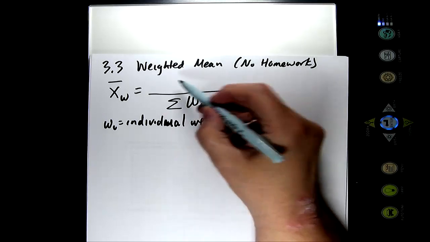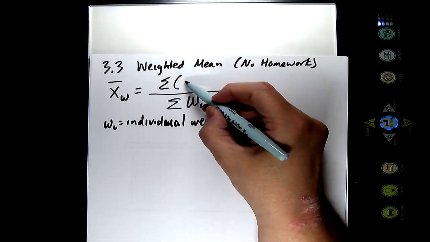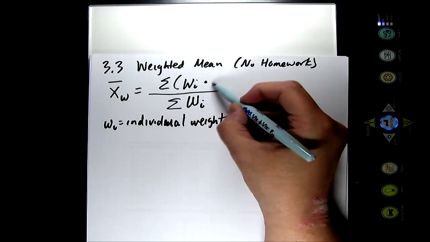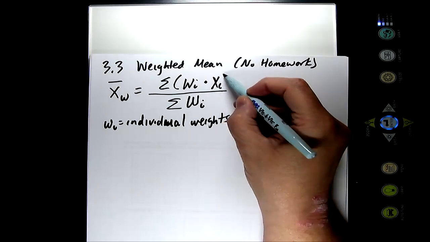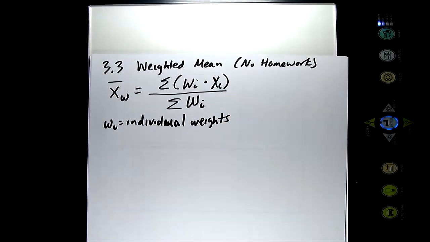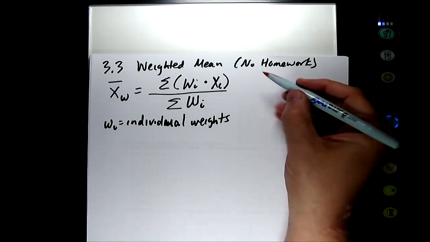And on top, they multiply each individual weight by the value that goes with it, and then add it up. That's the generic form. I think this gets a little clearer if I start talking about GPA.